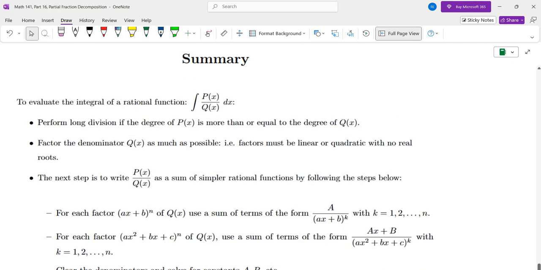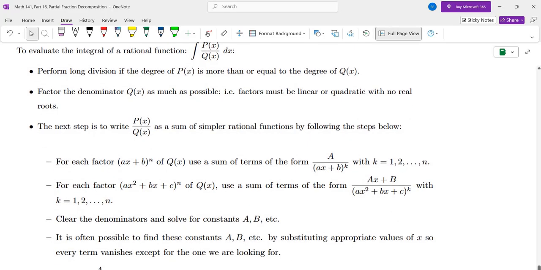To summarize, anytime you want to evaluate integrals of rational functions, you will start with performing long division so that the numerator has a degree that is less than the denominator. After you perform that long division, then you completely factor the denominator. So you have to make sure that the denominator is completely factored. The terms would have to be either linear terms or quadratics with no real roots.